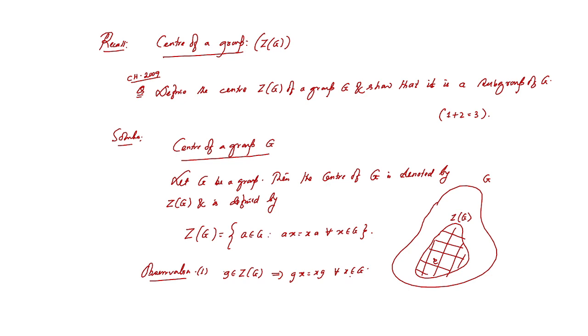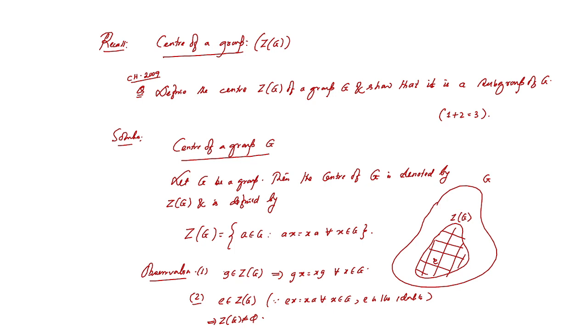This is a nice feature of the elements of the center of a group. Second observation, you will check that e must belong to Z(G). Why? Because e x equals x e for all x belongs to G, where e is the identity. So e must belong to Z(G), and that implies Z(G) must be a non-empty set.